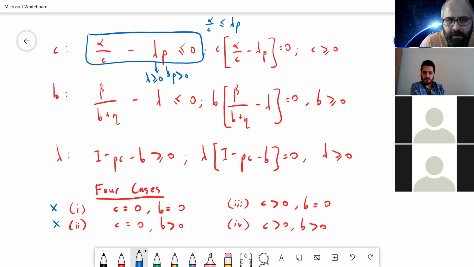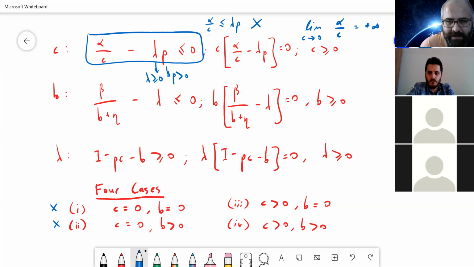But then, imagine what happens when c goes to 0. If c goes to 0, alpha over c goes to positive infinity, all right? And a number that goes to positive infinity is larger than any other real number. So this is violated. So that's the idea. For this reason, c equals 0 cannot be optimum.